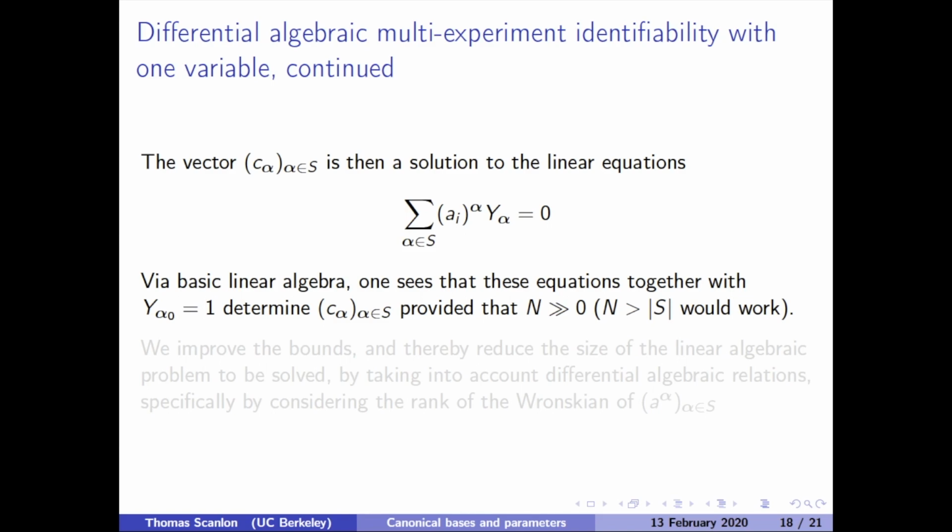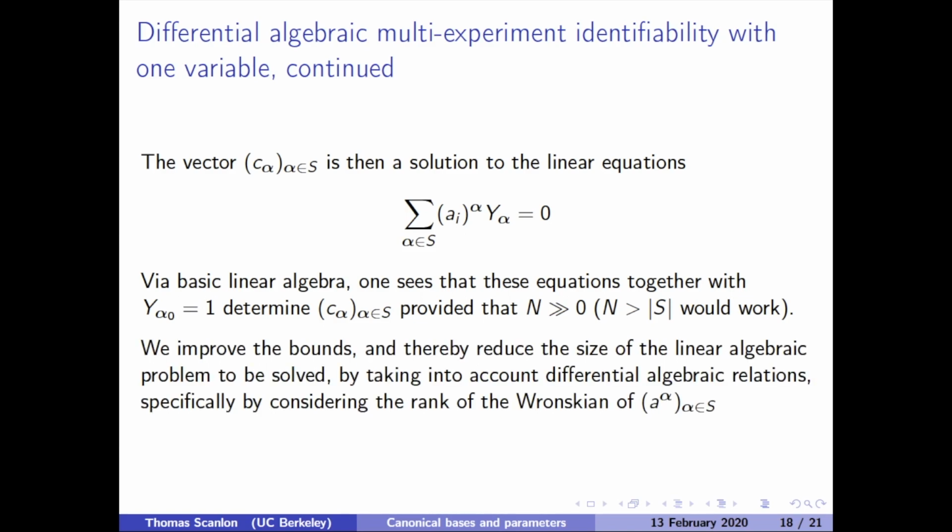So you find that you can compute the unique solution to the system, and more than S does it. Now you can improve these bounds sometimes by being a little more clever and taking into account that the coefficients are constants, say, what various Wronskian ranks are. I won't go into that, but this helps with the computation.